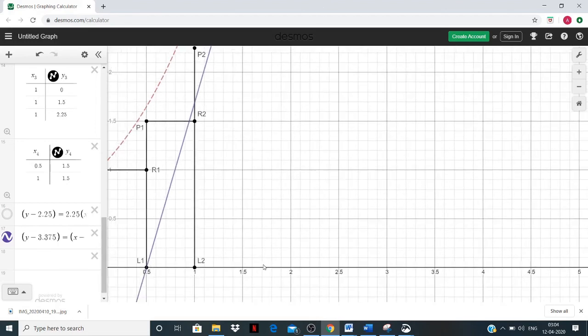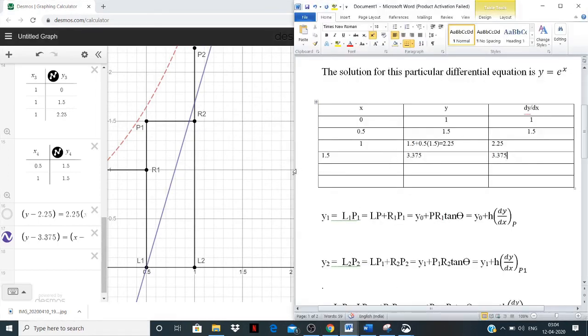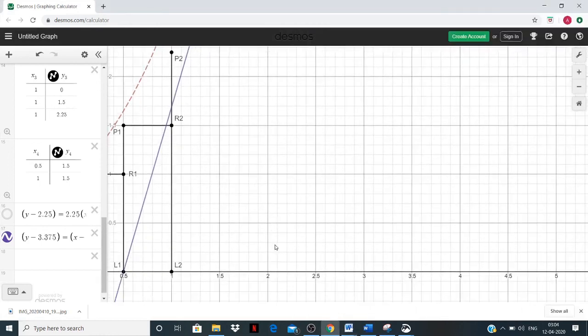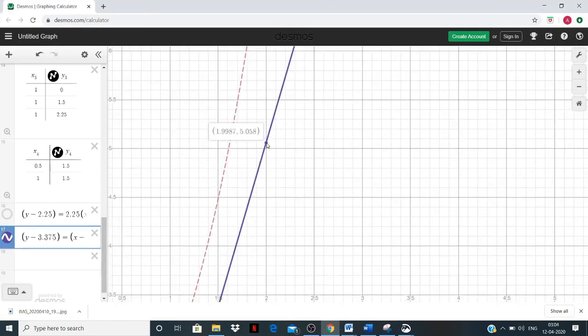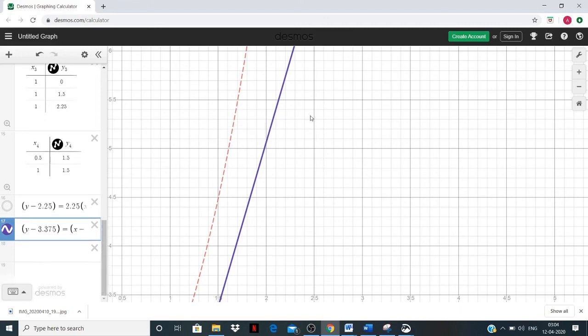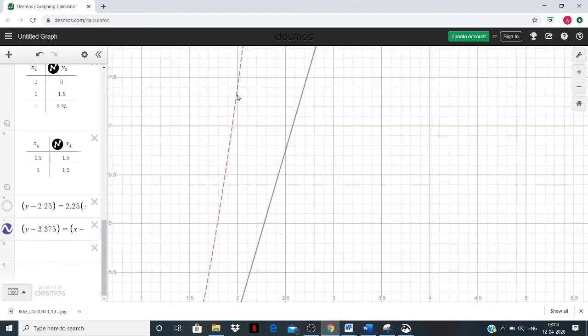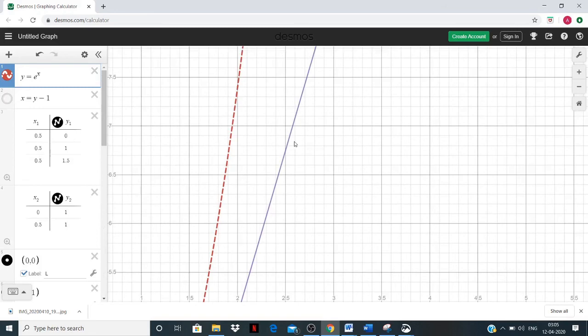We can see that when x is equal to 2, these lines give us a solution of somewhere near about 5 point something, whereas the value for the curve is near about 7 point something.